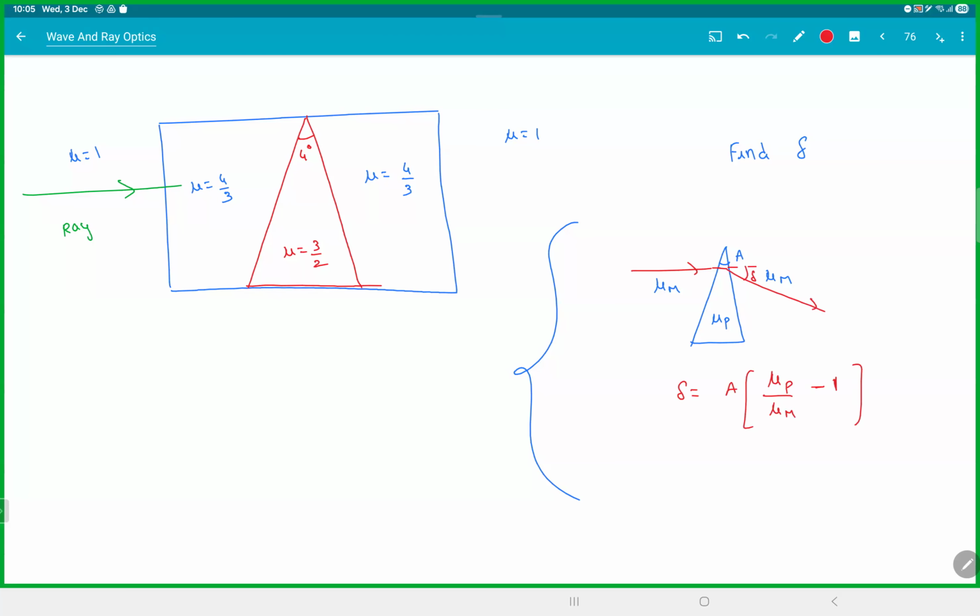You can't use that formula here. Vacuum, medium, prism, medium, it's messed up. Clear with this? This formula is not valid here. So basically, mu m will be 1 actually here, if you think about it.